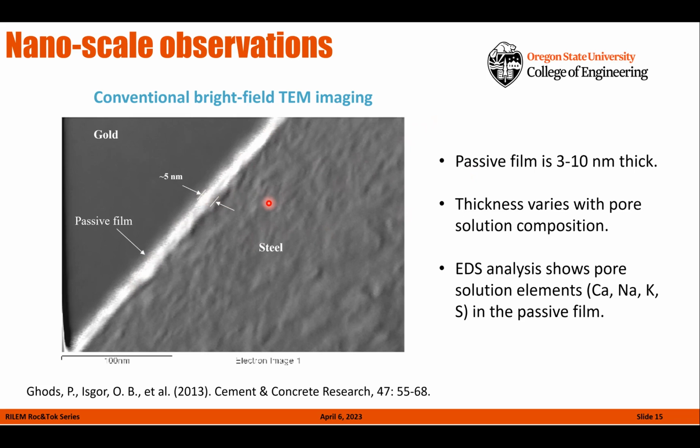If you look at different types of passive films, you would note that they range from 3 to 10 nanometers. 10 nanometers is probably on the high side, but let's say 3 to 5 nanometers would be a typical passive film thickness. But the thickness and the composition of the passive film depend very heavily on the type of pore solution that you use.